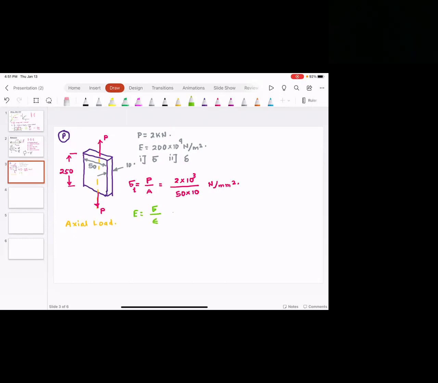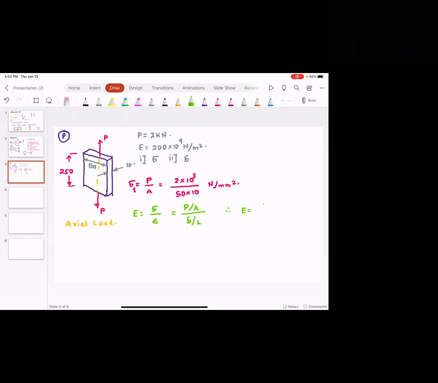Let me rewrite this equation. Stress is load divided by area. Do you agree with me? Strain is change in length divided by original length.